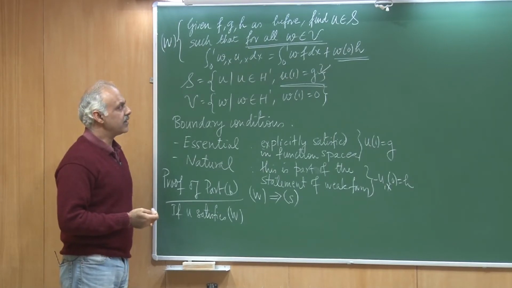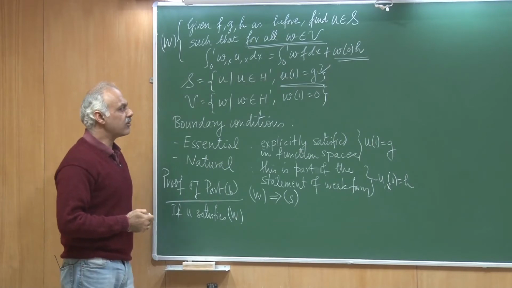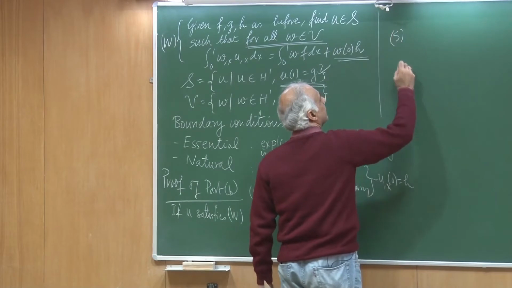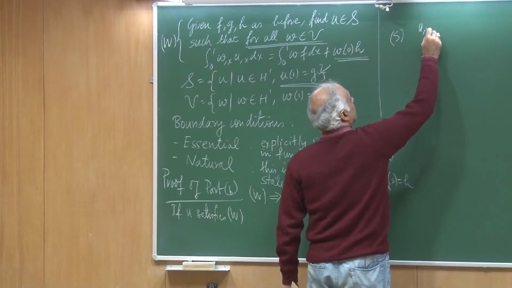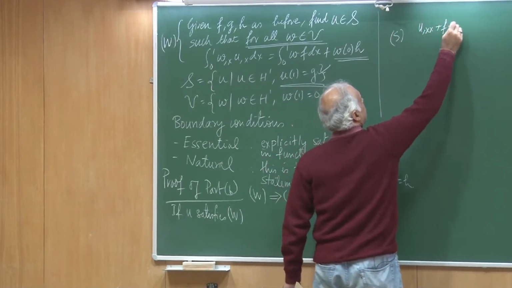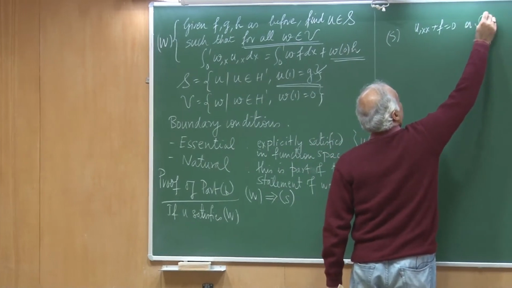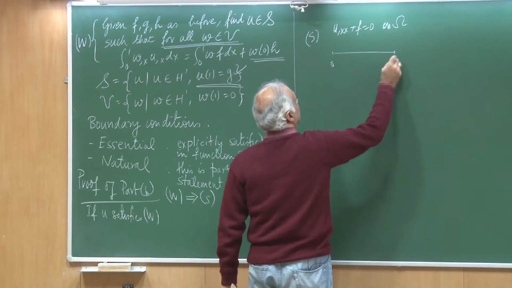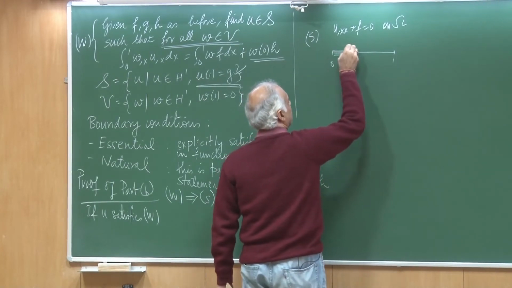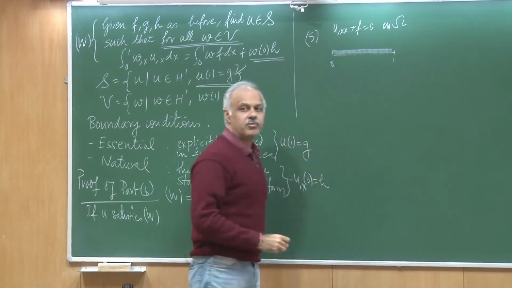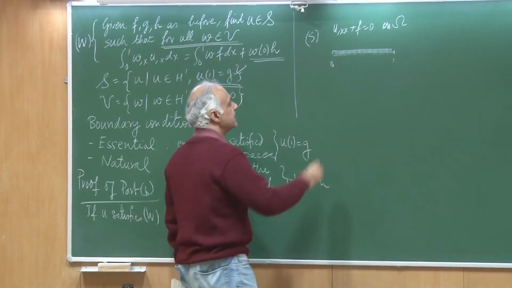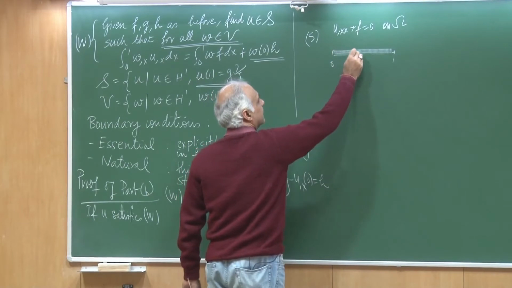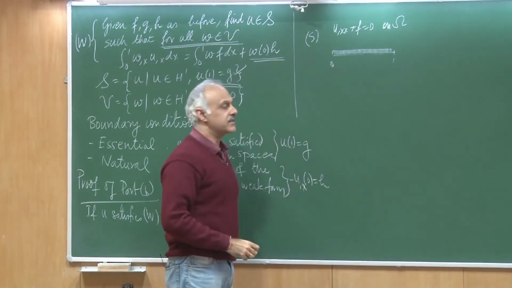You will realize that the strong form, so let us again go back to the strong form. The strong form says u comma xx plus f is 0 on omega. So, this is 0 to 1 and this is my omega, infinite number of points. You can see this statement is valid here, it is valid at this point, at infinite number of points.